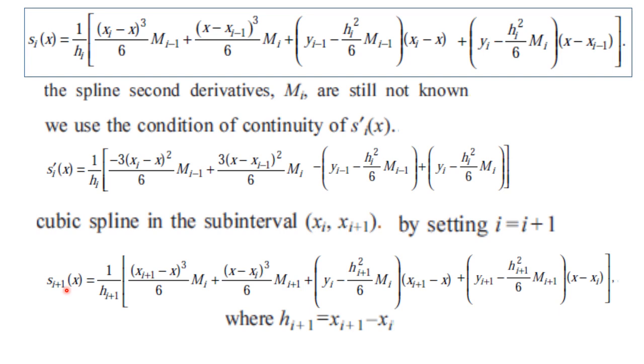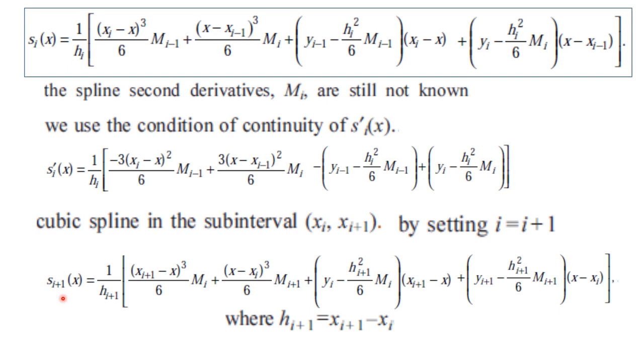To find si plus 1 prime, we initially write si plus 1 of x. Here the i values are replaced by i plus 1.